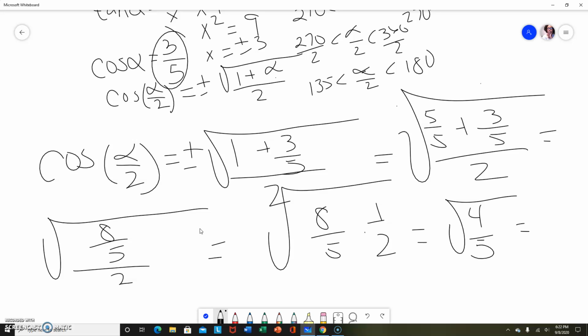We said that it's going to be a negative, so we'll go ahead and put our negative sign there. We can take the square root of 4 is 2. And we can't take the square root of 5, so we'll leave it there.